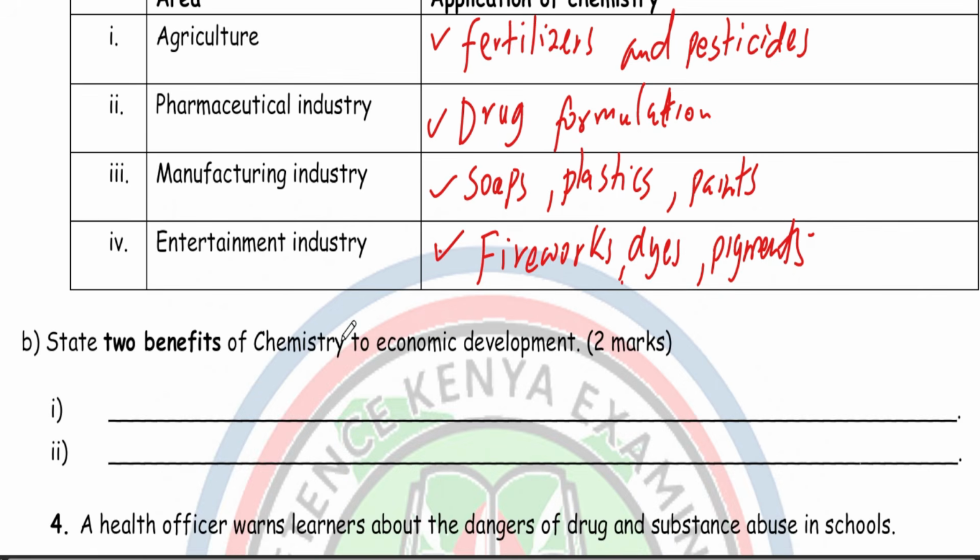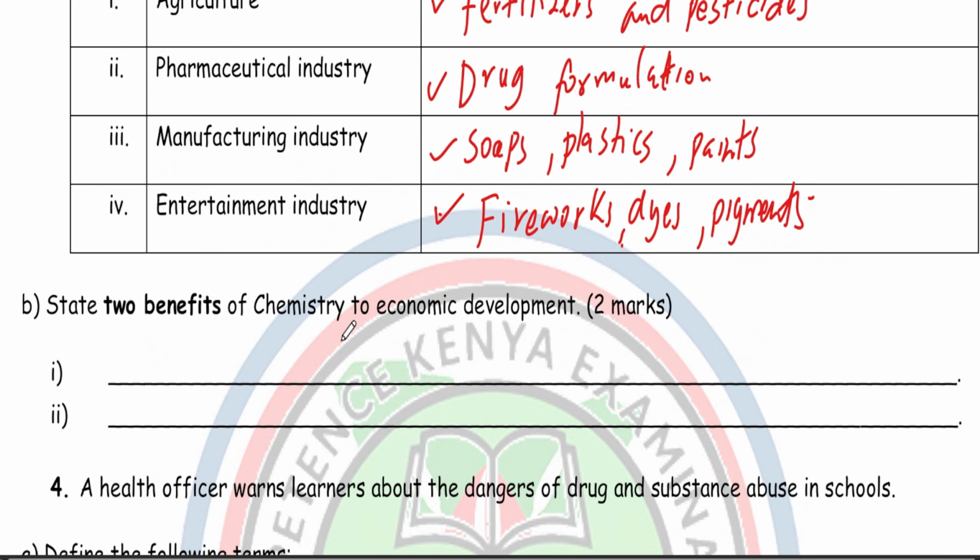Question B. State two benefits of chemistry to economic development. Okay, it enhances industrial growth, especially if you make a lot of things, you have a lot of industries. That's the first thing. The second thing, obviously, job creation.